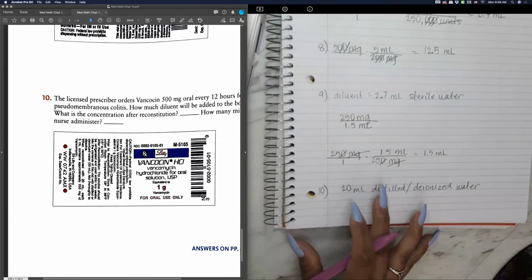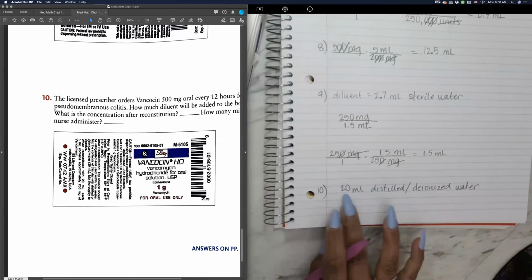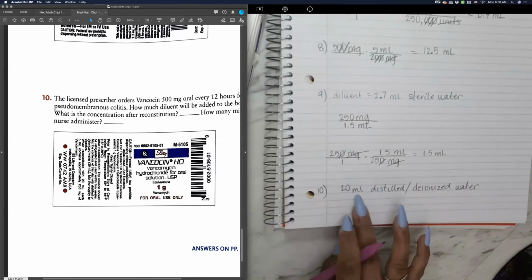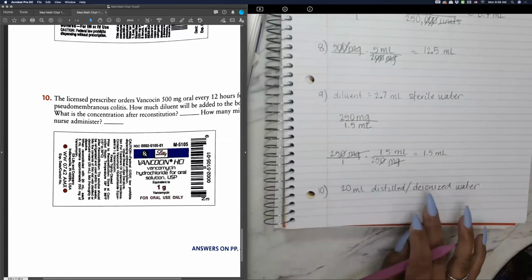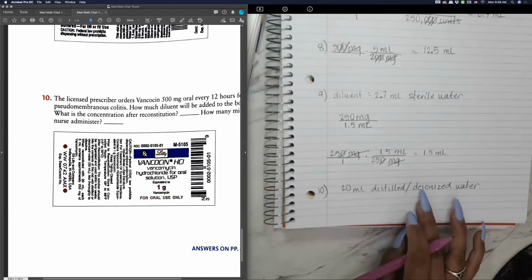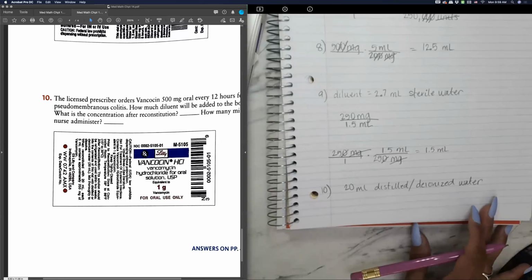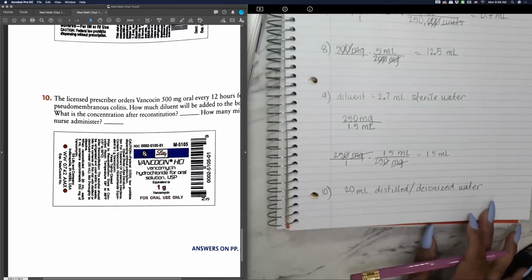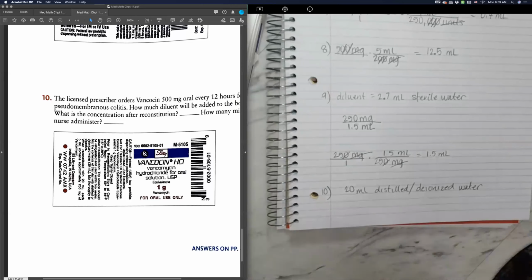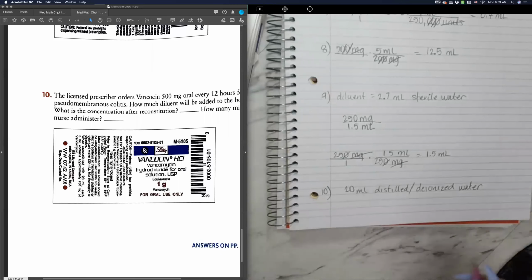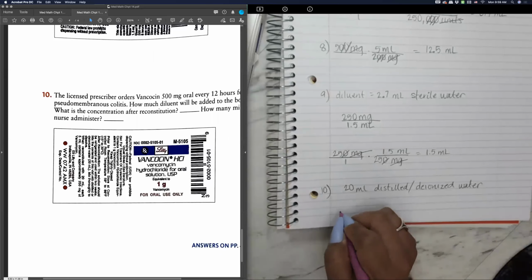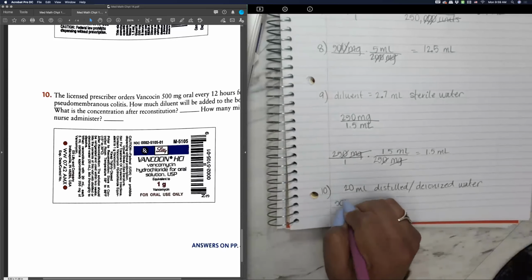Mix thoroughly to dissolve. When reconstituted with 20 milliliters, right? That's how much volume of diluent we're using. Each 5 milliliters contains approximately 250 milligrams of vancomycin. Okay, so my doctor's order is 500 milligrams.